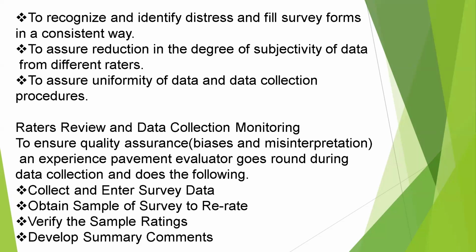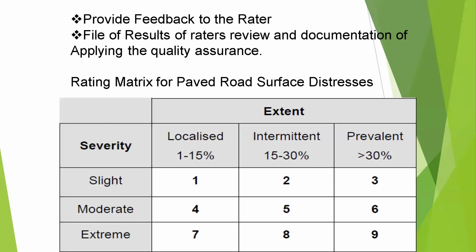So we obtain survey samples for re-rating, verify sample ratings, and develop summaries and get feedback to them as to how they can fine-tune their expertise in the data collection.